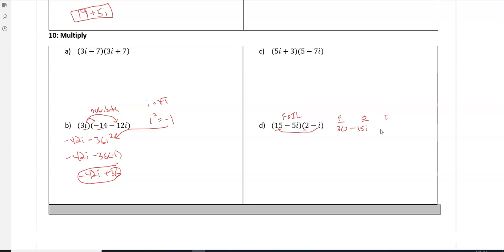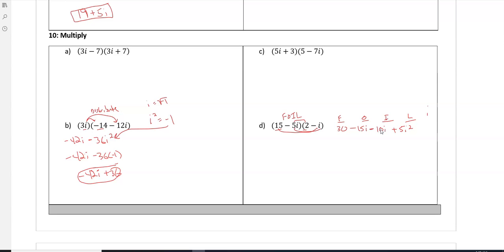The two inside terms, negative 5i times 2 is minus 10i. And then the last terms will be the last two, negative 5i times negative i, that is positive 5i squared.